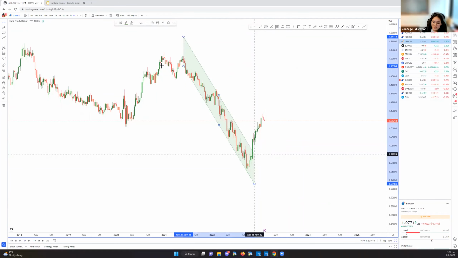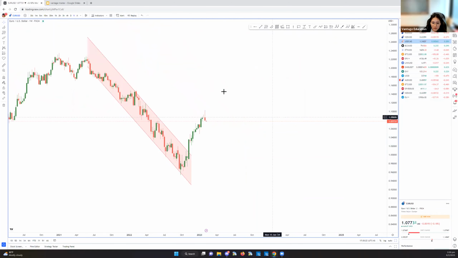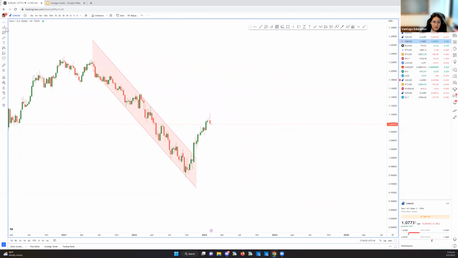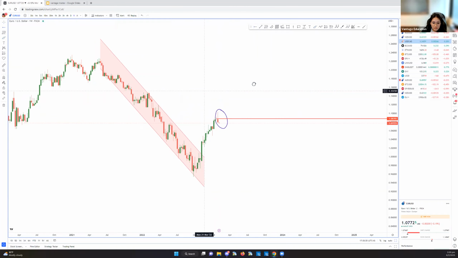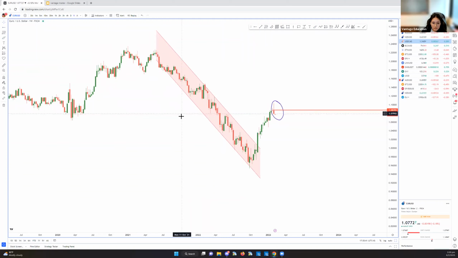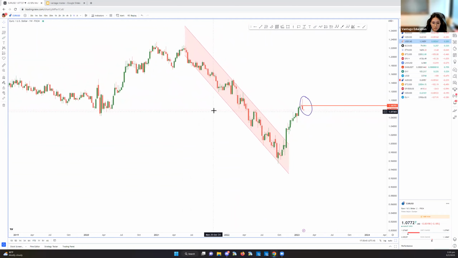Price recently broke out of this trend channel. But if we zoom in, we can see price is making a reversal at this level. Okay, so we can see there's a support level over here, this area over here.